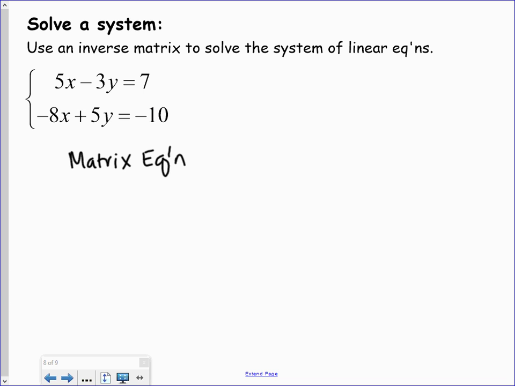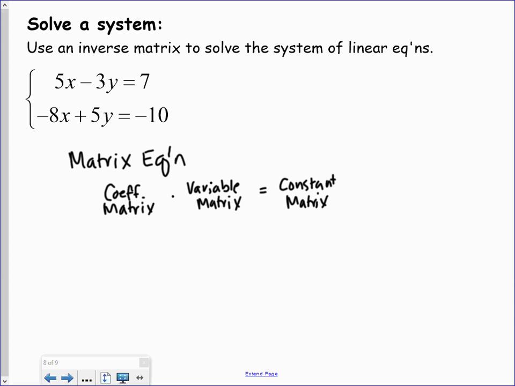Okay. And the matrix equation basically takes your coefficient matrix times your variable matrix, and then it equals your constant matrix. And so you actually write it out with 3 separate matrices.